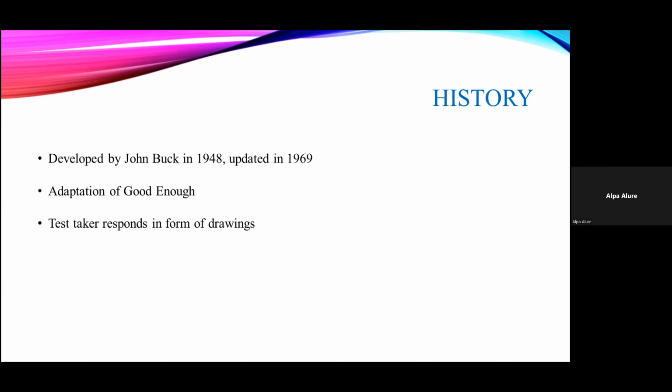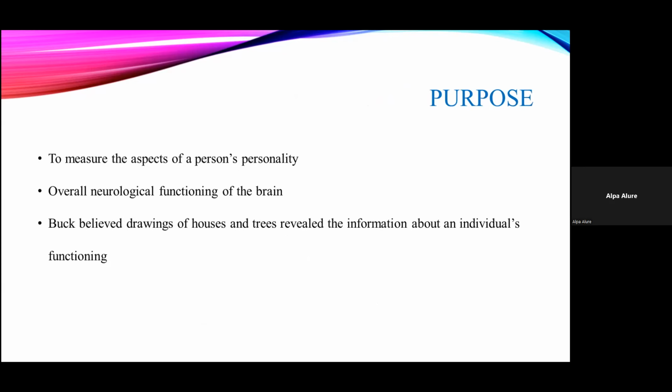The test takes a response in the form of drawing. The purpose of this test is to measure aspects of a person's personality and overall neurological functioning of the brain. Buck basically believed that drawings of houses and trees revealed information about an individual's functioning.